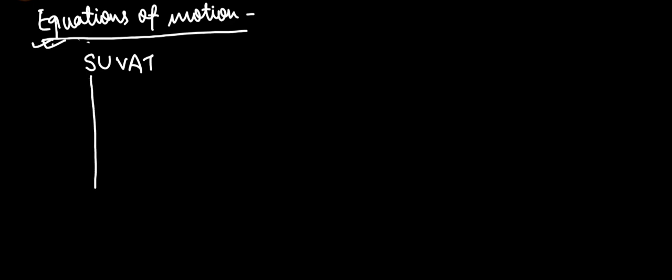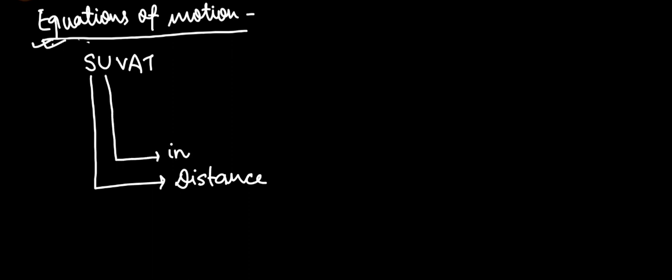Because in the three equations of motion that we will be studying, S means distance. U means initial velocity. V means final velocity.